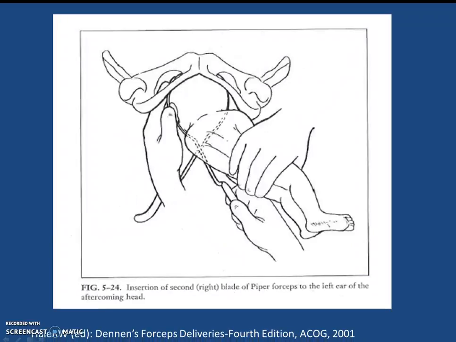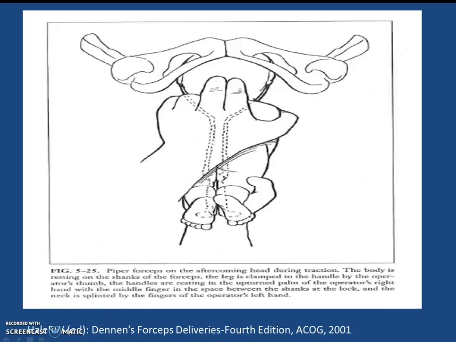Once that is accomplished, the same thing with the right blade, angulated down about 45 degrees below the horizontal and applied similarly. If there's a lot of resistance, one can wander the blade around the fetal scalp in an effort to get it applied. Once both blades are on, you articulate them together and lock them.